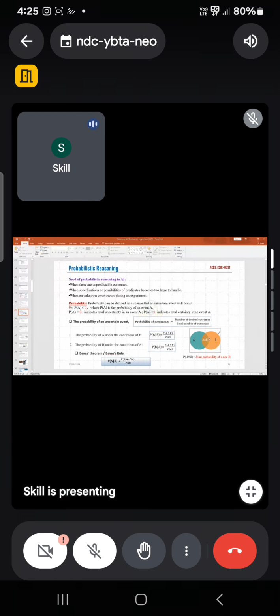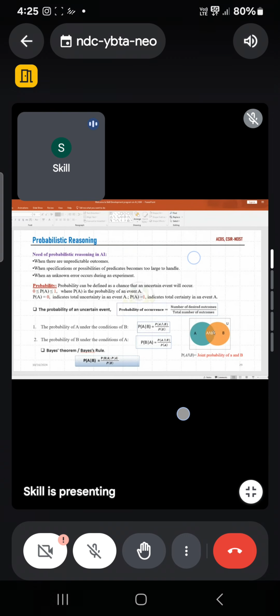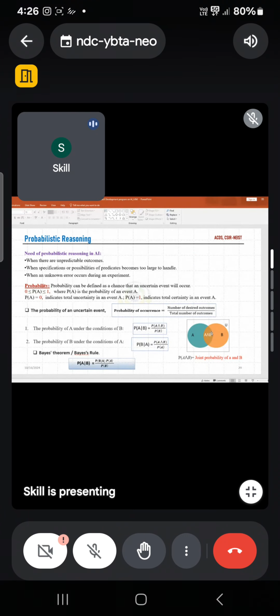The A and B and the joint probability of A and B. So here we will apply the Bayes theorem or the Bayes rule to calculate this. This we will see with an example. In this formula, the conditional probability which we are calculating through the Bayes theorem is the event A occurring given that B already occurred.